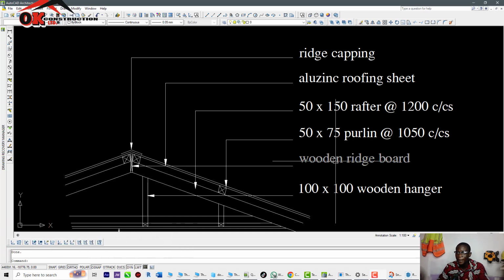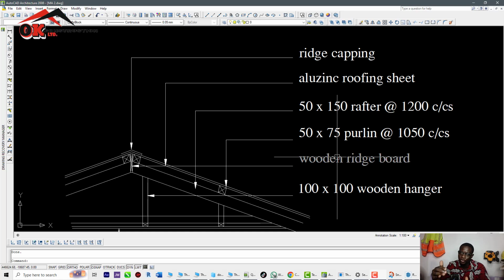So the palings, and the 2x6 and the cross pieces, we say this is the least size that can do the job, 50 by 75, meaning 2x3, and all the bare palings, the woods. It should not be softwood, it should be hardwood, though we can't specify a particular wood.